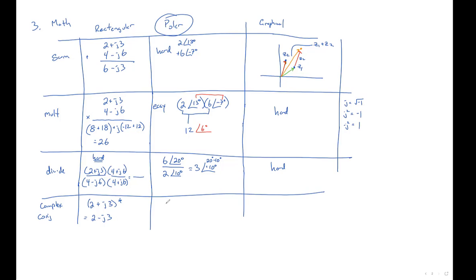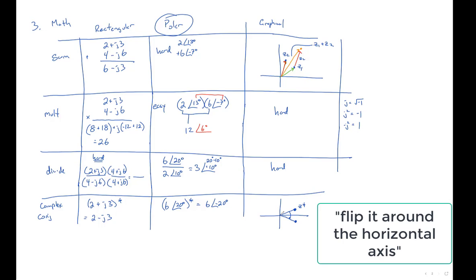In polar notation, it's also really easy: you just flip the sign on your angle. And graphical, it's really easy too. If this is the number you want to take the complex conjugate of, you just flip it around the axis so the magnitude stays the same and your angle becomes negative.